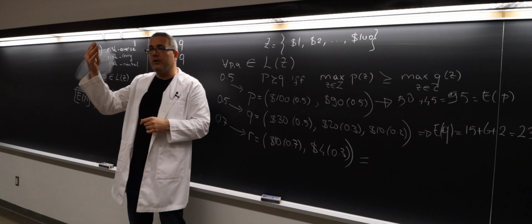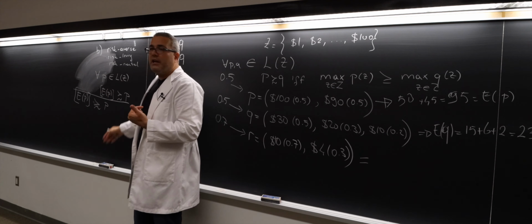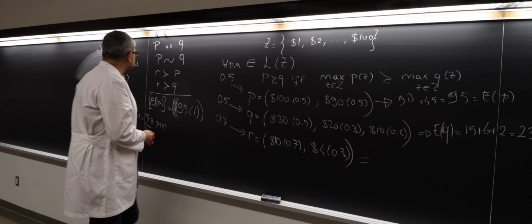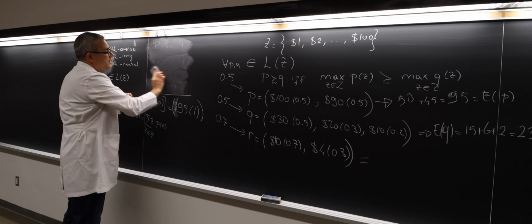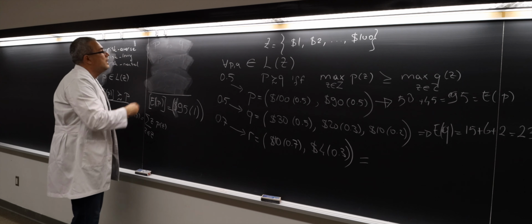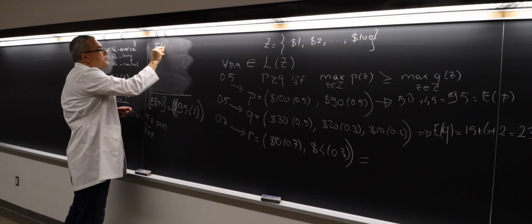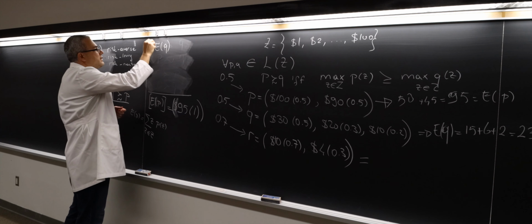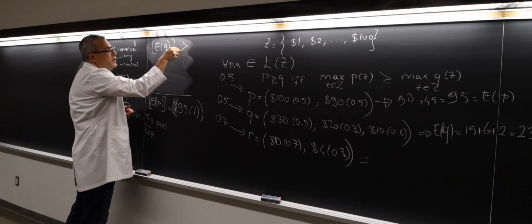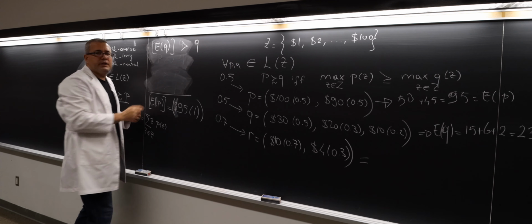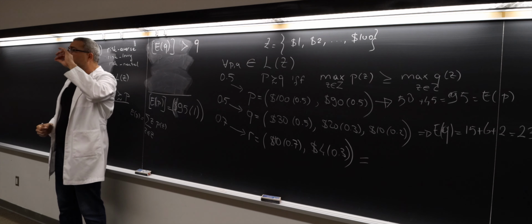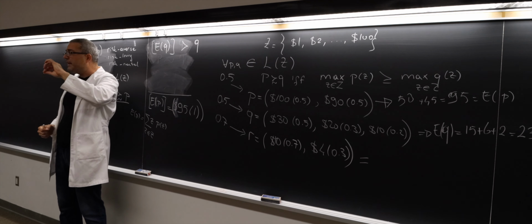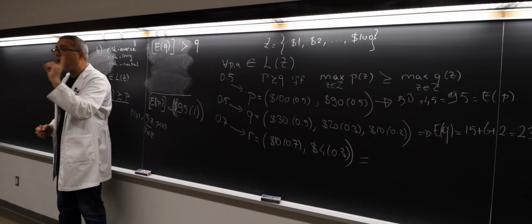If you think about it for a minute, JJ is going to prefer the expected value of Q, whatever it is, the $23. So this degenerate lottery will be preferred to the lottery Q itself. Why? Well, because in a degenerate lottery, the highest likelihood of winning a prize is always 1.